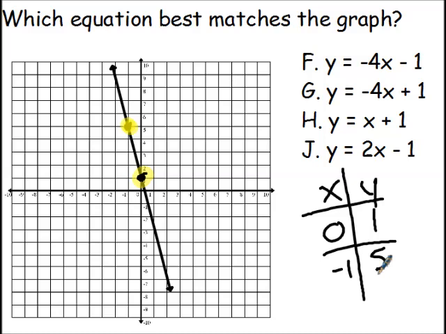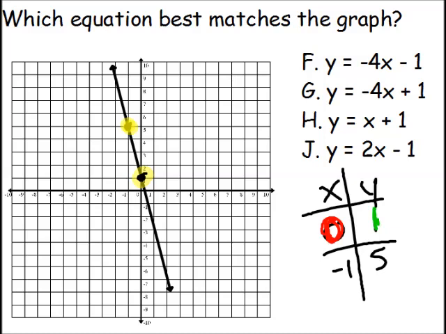Now how will we determine which answer choice is correct? We need to substitute the x values and see if we get out the y values. So when x is 0, let's see which equations would give us a +1 for y.